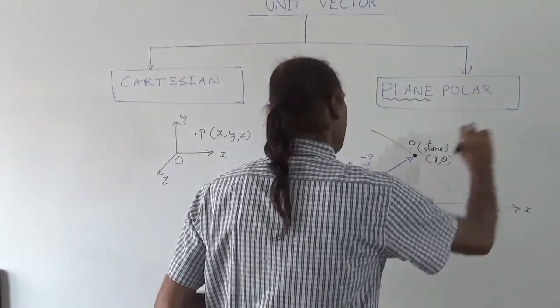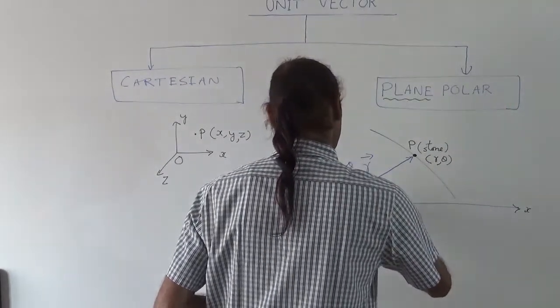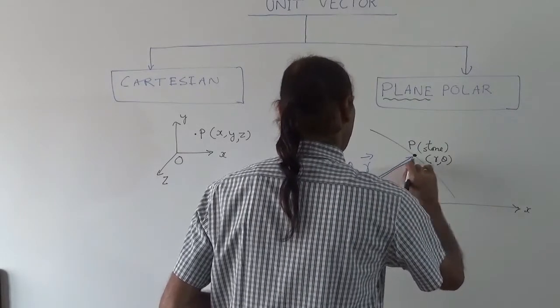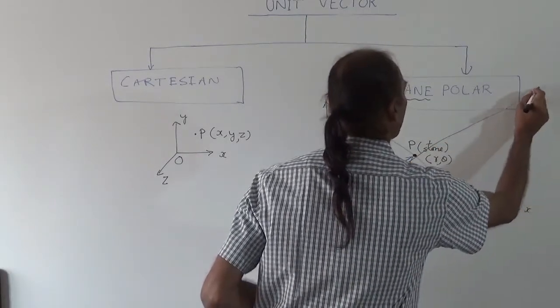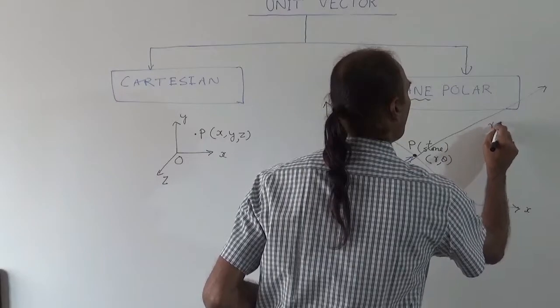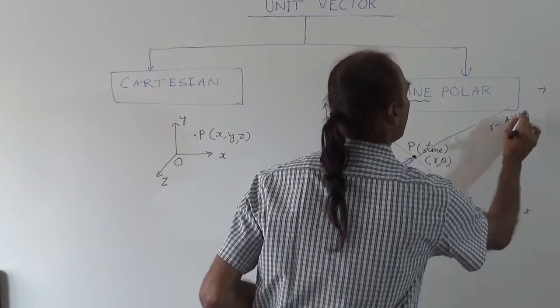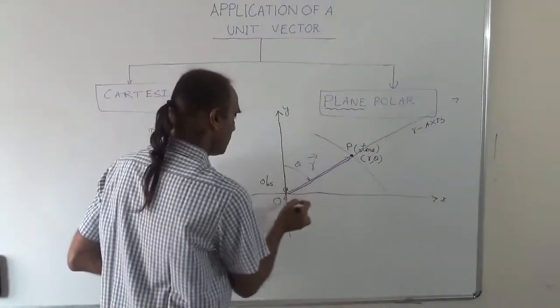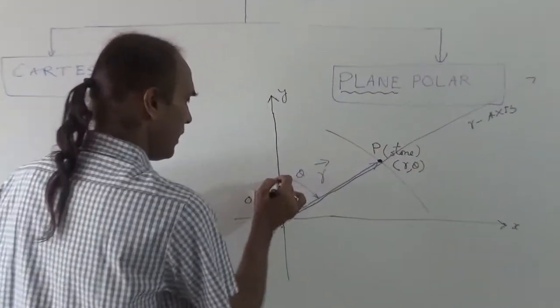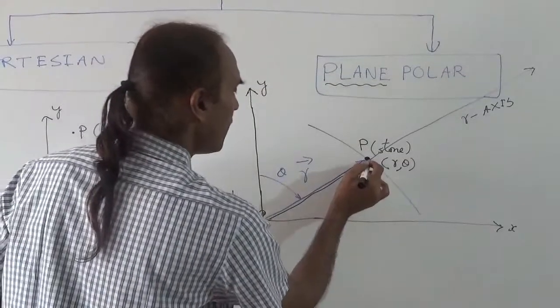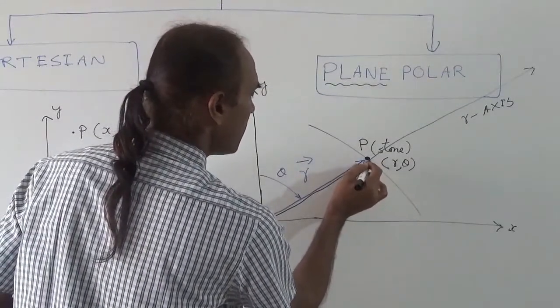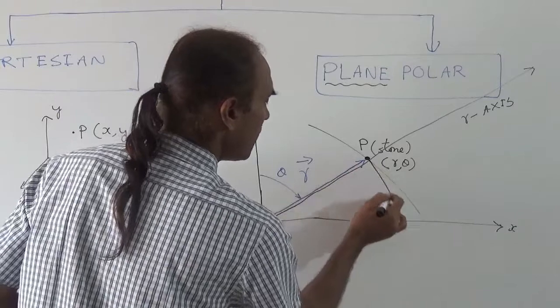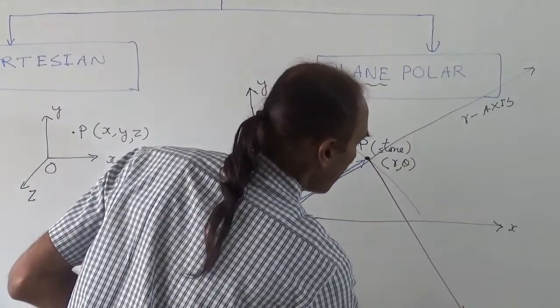Therefore, we have the r-axis, and in the increasing order of theta, we have the theta axis.